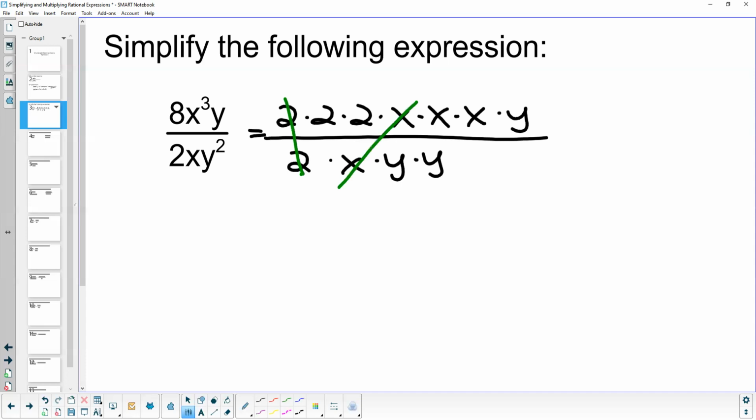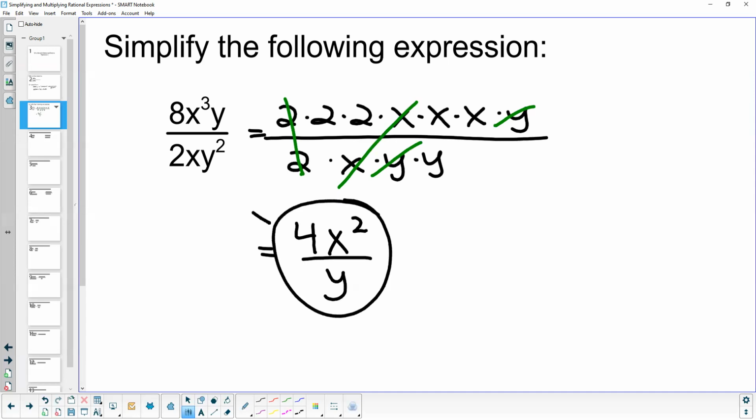I've got an x in the top and bottom we can simplify down, and I've got one y that I can simplify down. Then after I get rid of all of those common factors, I write out what we have left over. So in this case, we have 2 times 2, which is 4. I've got x squared, no y's on top, and I've got a y on the bottom. So this is the simplified form of that.